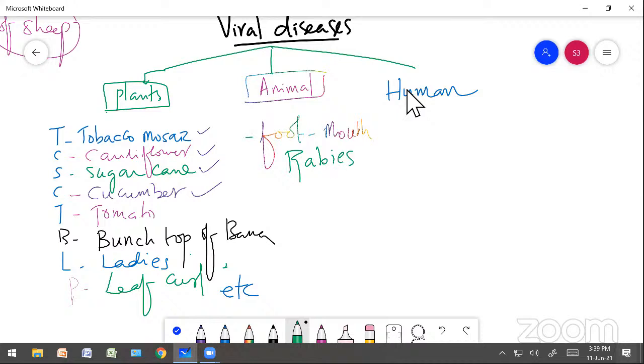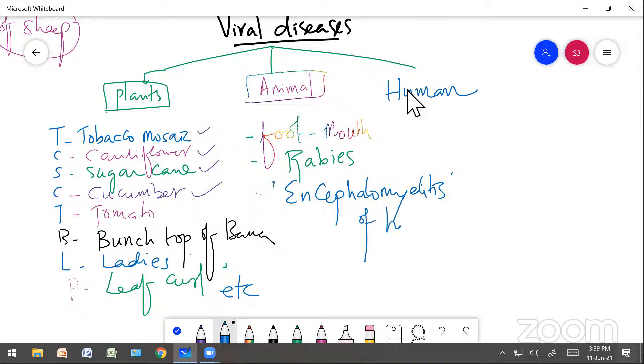Rabies disease that you can see. And third one, encephalomyelitis. It is a very interesting disease. Encephalomyelitis is one of the diseases of horse, right? It is a viral disease, and you can see it in animals, right?